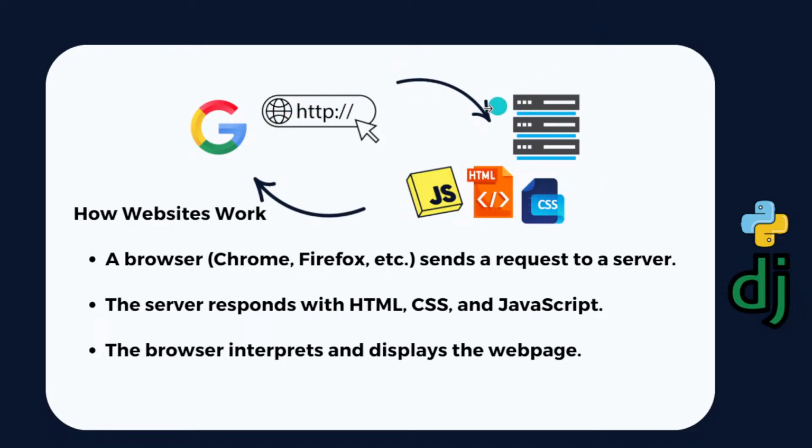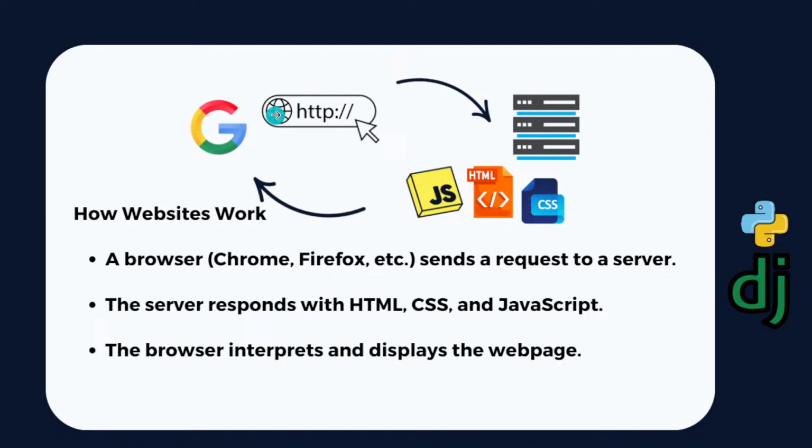Based on the user request, the server will respond. For example, if I go to the Google search bar and type Facebook, the request will be sent to the server. The server will give the Facebook related files to the browser. That is called the response.